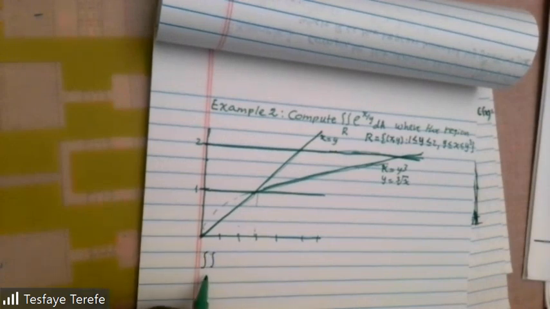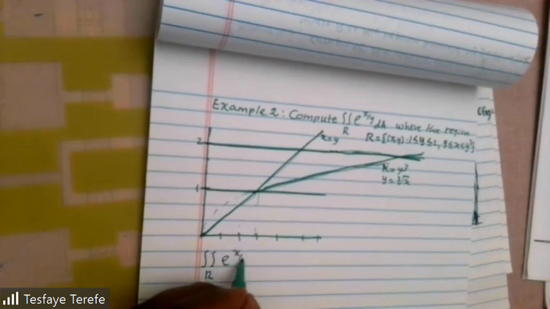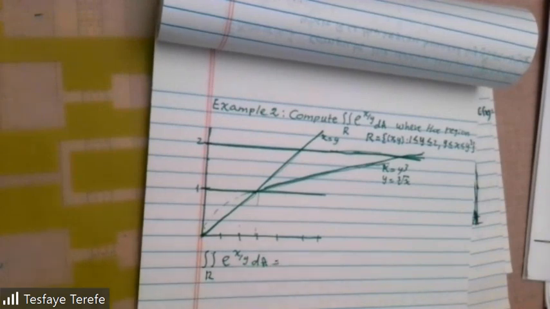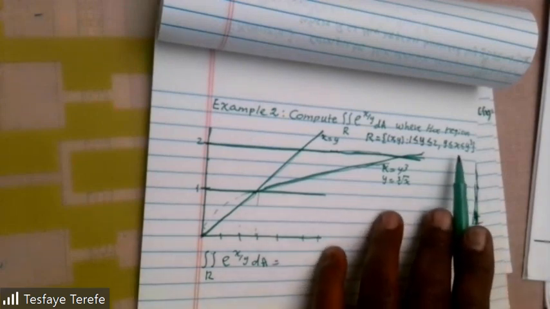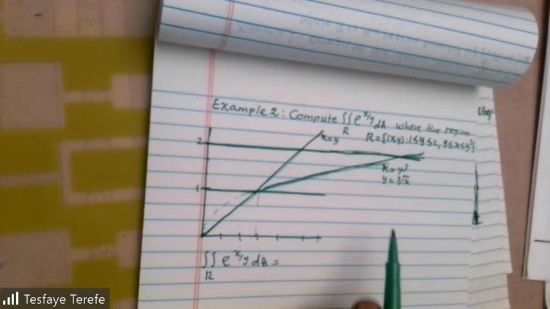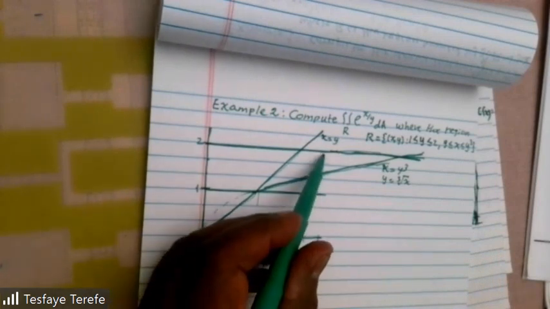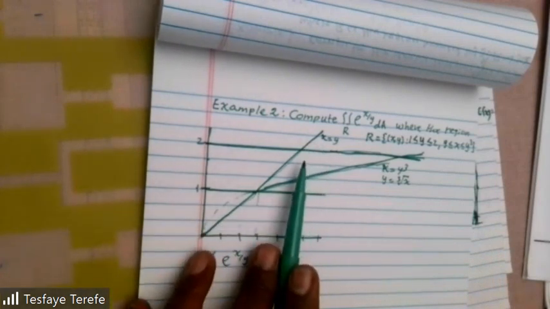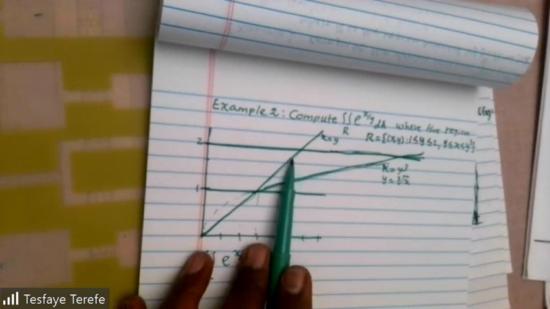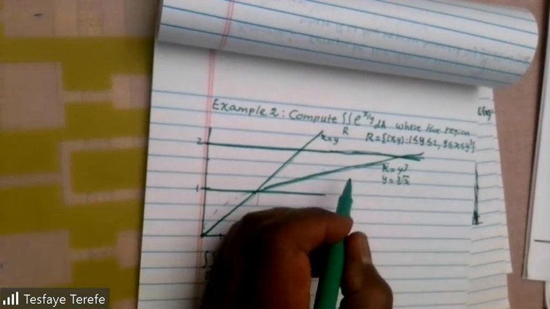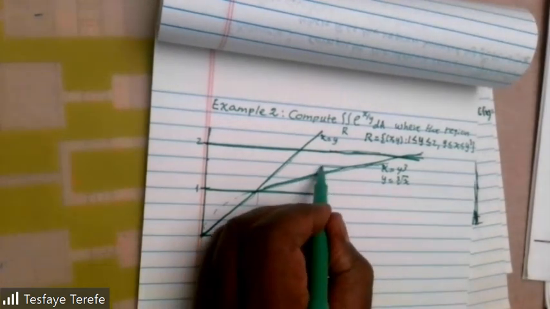Integral over the general region R of e raised to x over y, dA. First, I have to make a decision now. As you see here, x is changing from this function to this one. That means it is type 2.